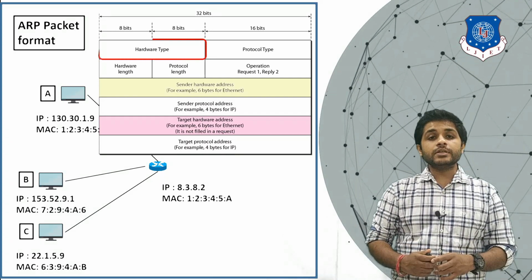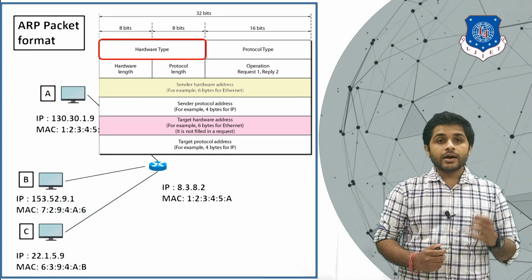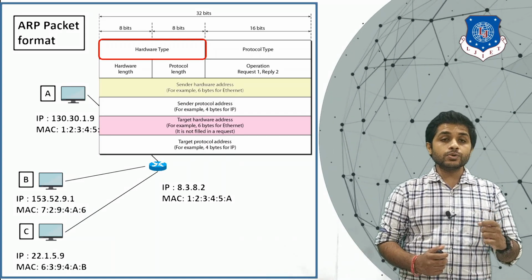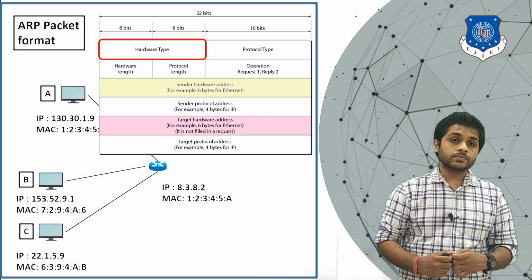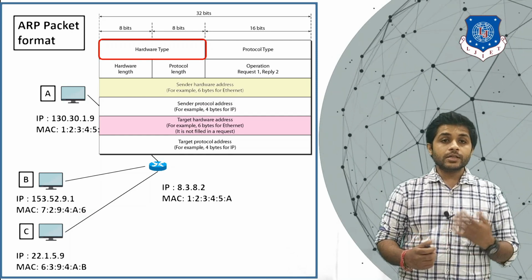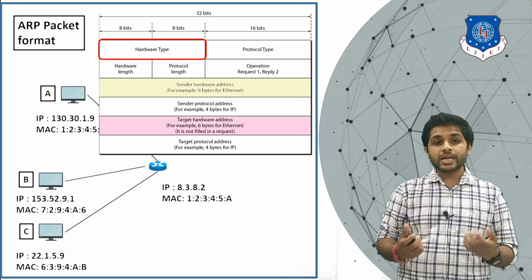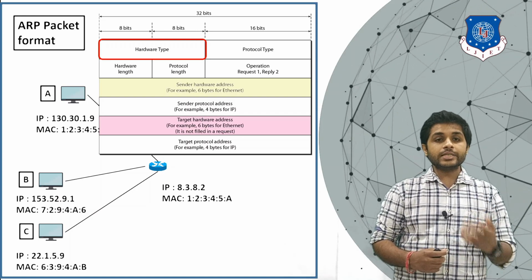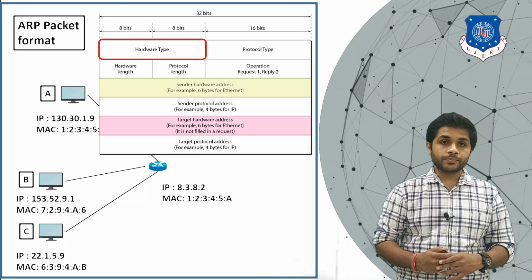The first field is the hardware type. The value in this field tells you what type of hardware is used under the network layer. There could be Ethernet or it could be token ring. There are many types of hardware possible, so this value tells you which type of hardware is used.